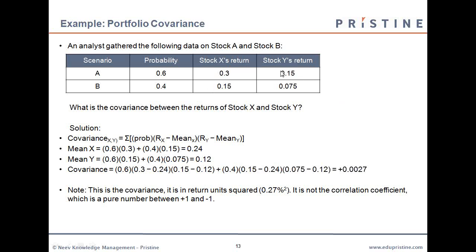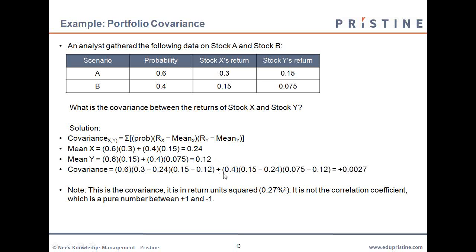Similarly, we'll do the same thing for stock Y. So this 0.6 is the probability of scenario A. This 0.3 is your stock X return in scenario A, and this 0.24 is the mean of stock X return. Similarly, this 0.15 is the stock Y return in scenario A, and 0.12 is the mean of stock Y return.